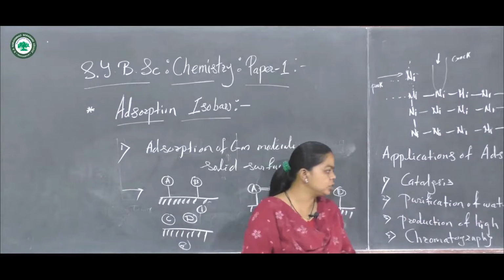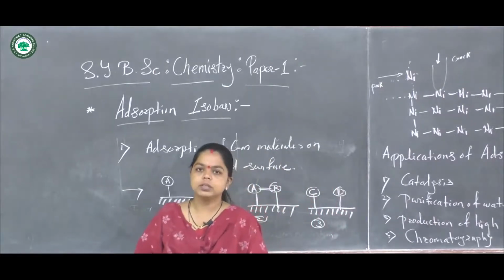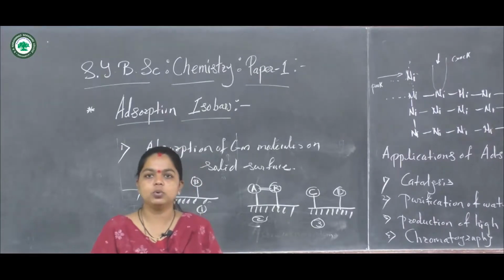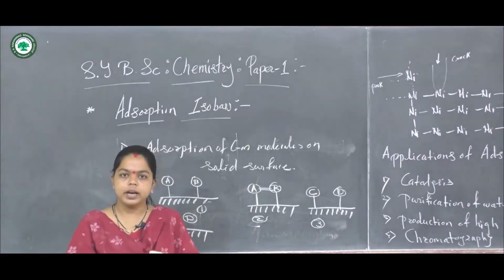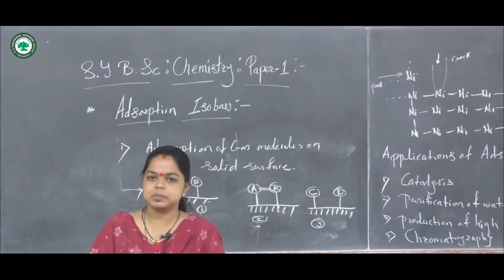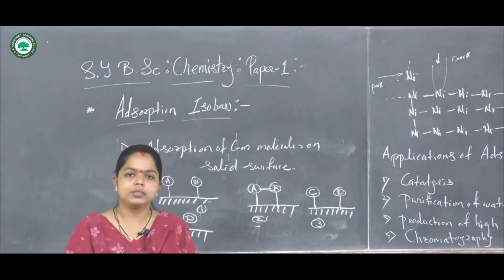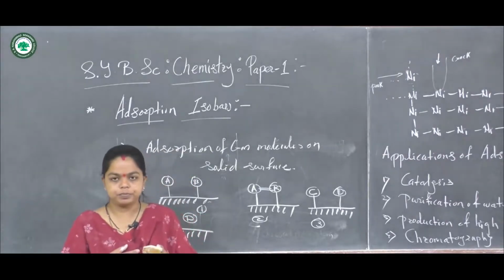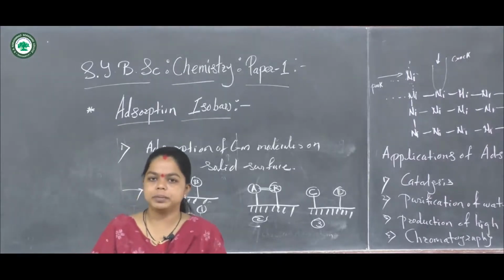Next is the determination of the surface area. So we know that only a particular amount of the adsorbate material gets adsorbed on the adsorbent, and due to this specific nature of the adsorbent, we can determine the particular area of the adsorbent material.